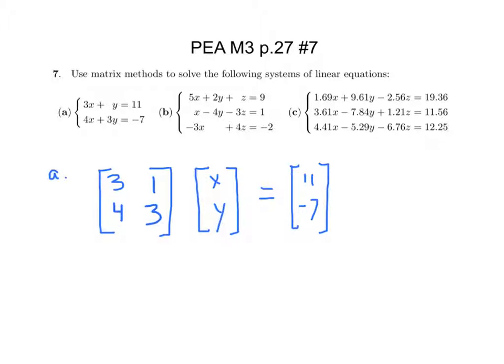Now what we're actually doing here is we're taking this matrix A, times our variable matrix, which was called X, and that equals our matrix B. So to actually solve for x and y, we're going to take the inverse matrix of A times B. And the calculator will allow us to do that.